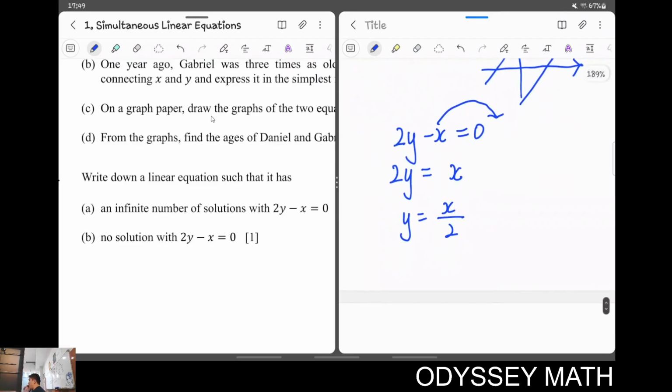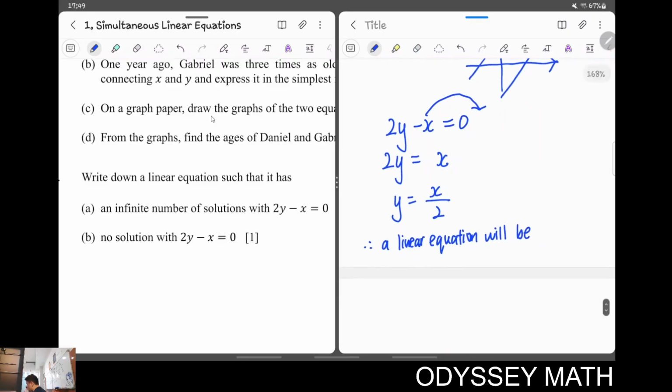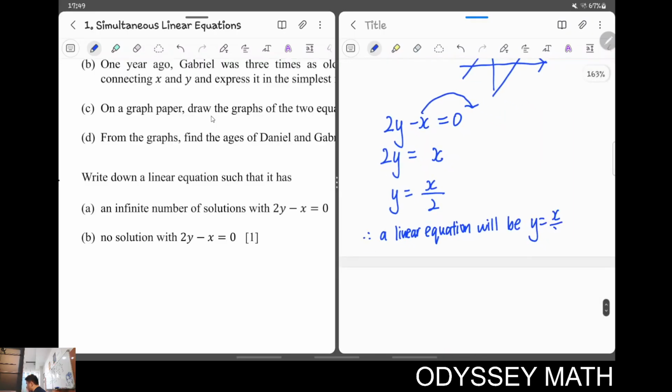If you cannot understand that solution, then I say therefore a linear equation will be y equals x over 2 plus 1. You know why I add 1? Originally the equation was like that.